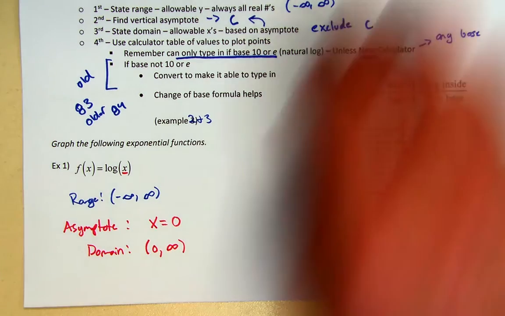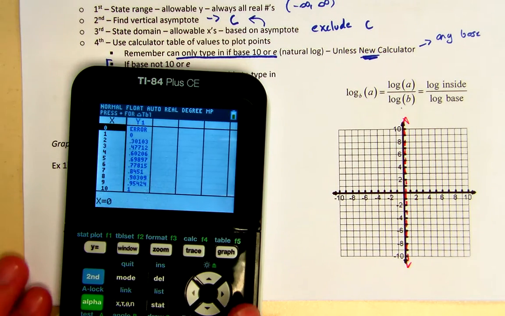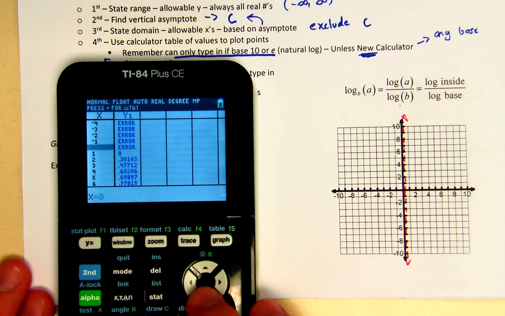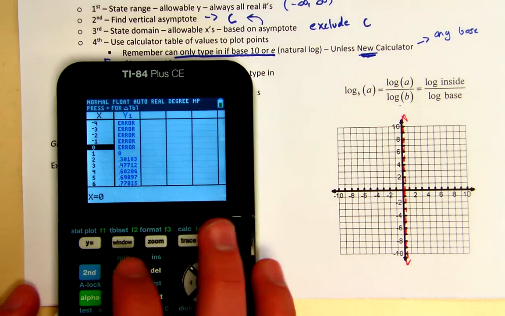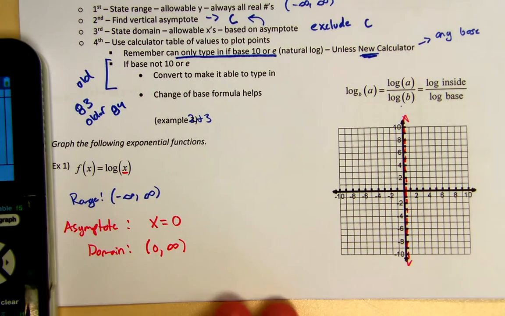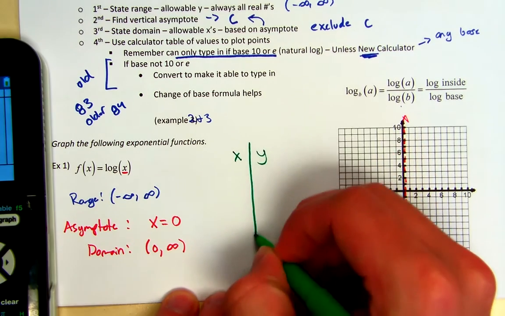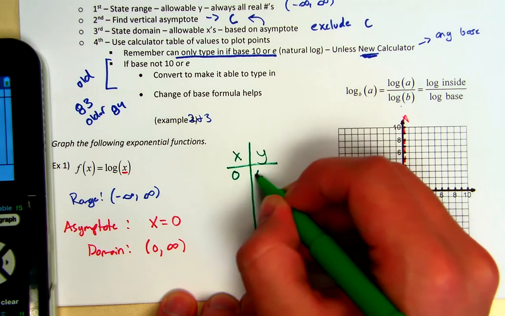Now I need a table. While I graphed it, I just need to hit second table and get something. You can see the error going on here. It shows me that I do not have any negative values. So I start my table, x and y. I'm going to show that 0 gives me an error.